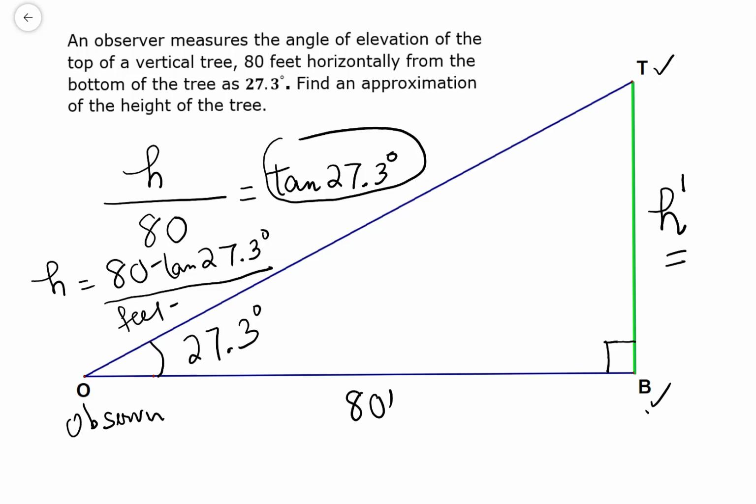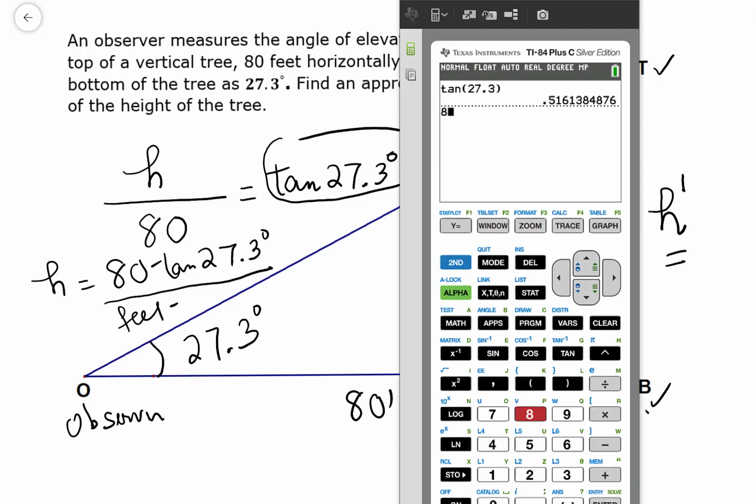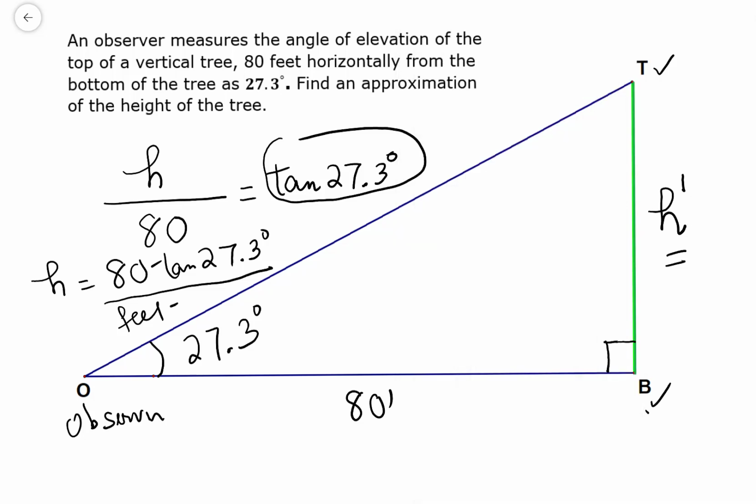Okay, and we can get that, 80 times tangent again, because we are still in the degrees mode, and then this comes out to be 41.29, and if we go to the nearest whole number, then that is approximately how much? 41 feet, right? So that's what the approximate height of the tree is to the nearest whole number.